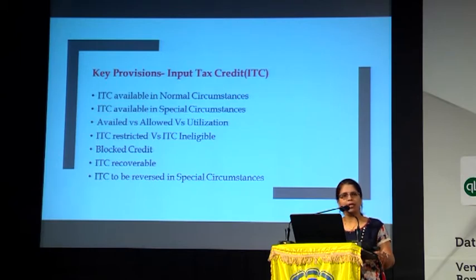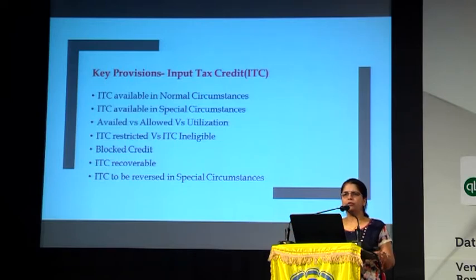What are such types of credit actually? For example, certain input tax credit pertaining to rent-a-cab, health insurance, certain perquisites for your employees, food provided to your employees, gifts, written off, lost, destroyed, personal purpose, composition. So they have specified various types of input tax credit pertaining to this as a block credit.